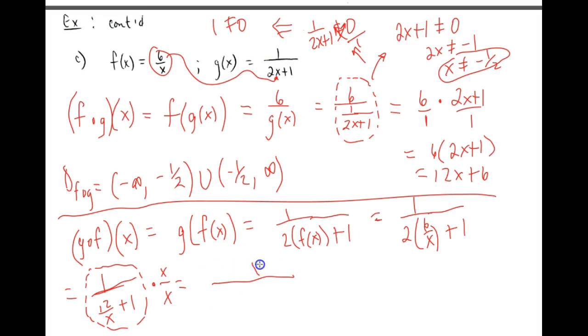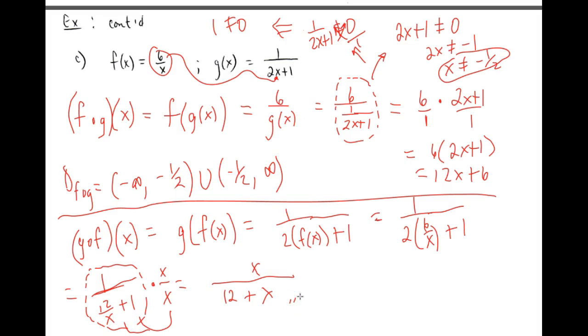In the numerator, this will just be x. In the denominator, when we multiply, we have to distribute to both terms there. So 12 divided by x times x is just 12, and x times 1 is just x. So this is what the simplified form of the function would look like.